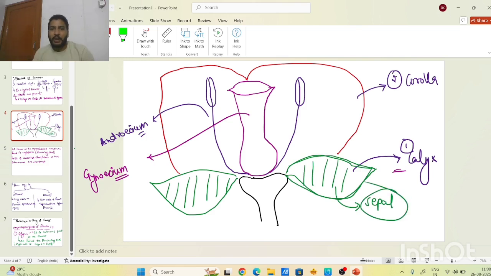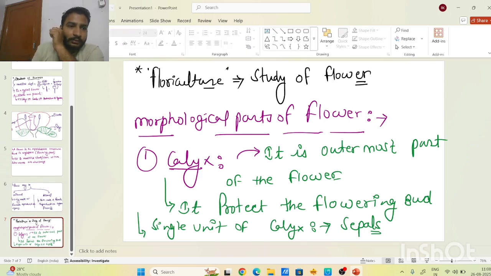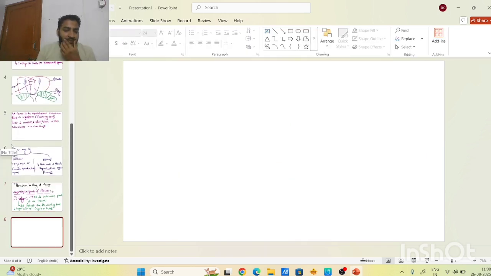The group of sepals is known as the calyx. ठीक है, पूरा समूह जो होगा सेपल का उसको हम कैलिक्स बोलेंगे। उस ग्रुप में से एक जो सेपल है, उसको हम सेपल बोलते हैं, ठीक है। Now we are moving on to the next part.